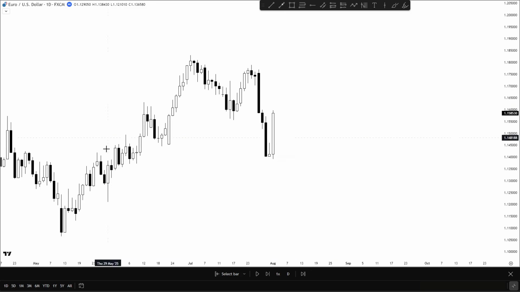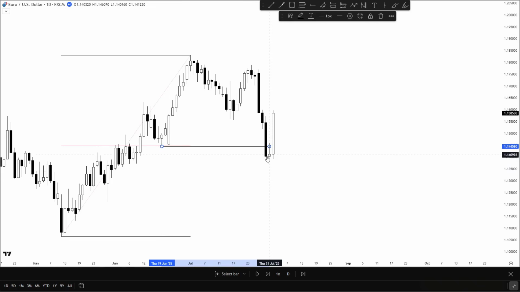Okay, so looking at this price action, you can see that we have this bullish dealing range. From this point on, we had a bearish retracement lower, and with this retracement we rebalanced the dealing range by reaching the discount region of it, testing a discount key level within this dealing range and taking out this discount low.